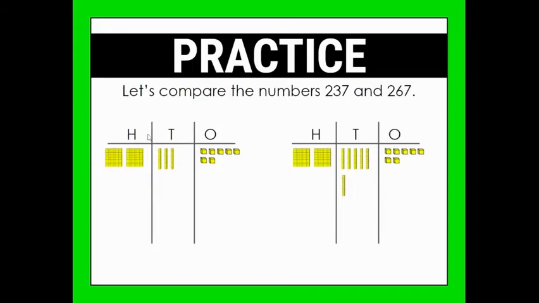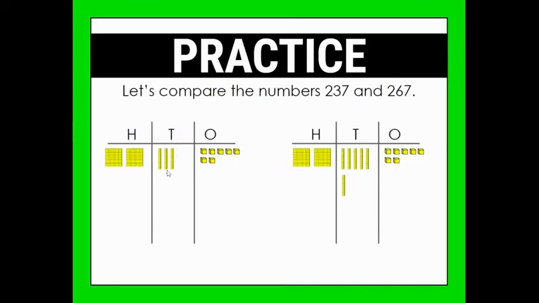So we have our hundreds is the biggest one. So in this one, I have 2 hundreds for 237. And this one for 267, I also have 2 hundreds. So if I'm only looking at the hundreds place value, they're both equal. So that means I have to go to the next biggest place value, which would be the tens.